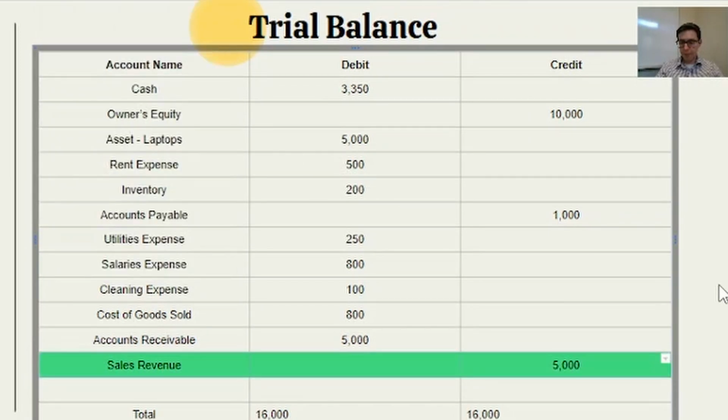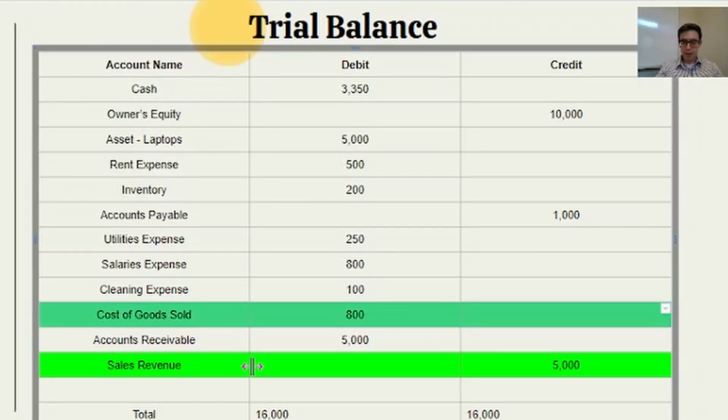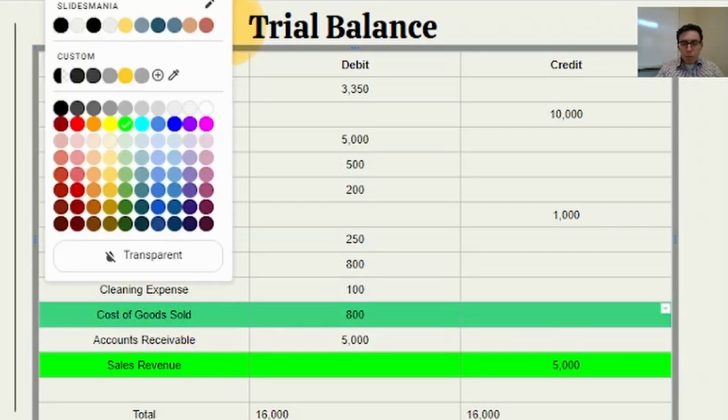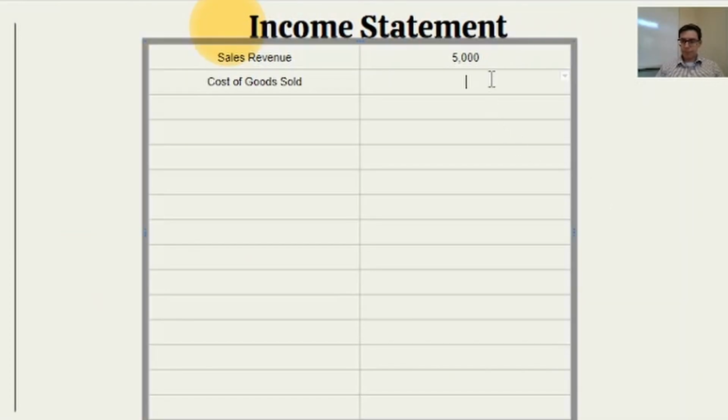Go with green. And then cost of goods sold. I'm going to put a negative here because we're going to subtract it out. So when you take sales revenue and then subtract cost of goods sold, you get what we call gross profit. This is simply sales minus the cost of the product that we sold. And that is going to get us $4,200.